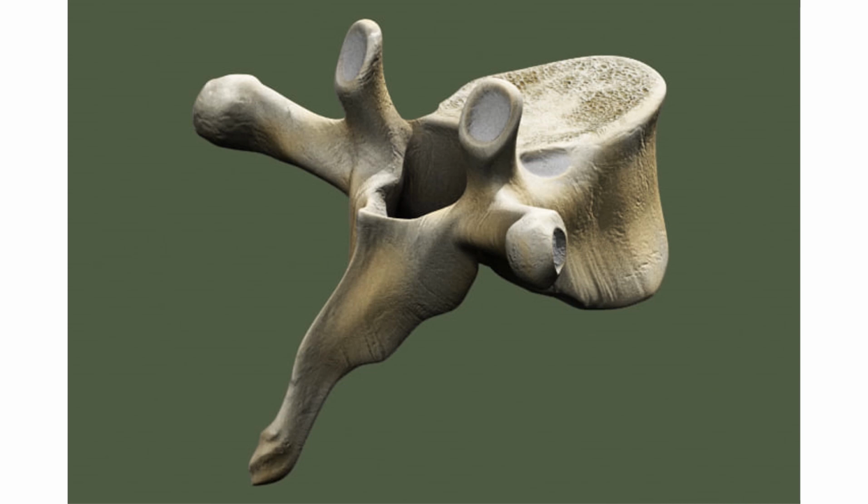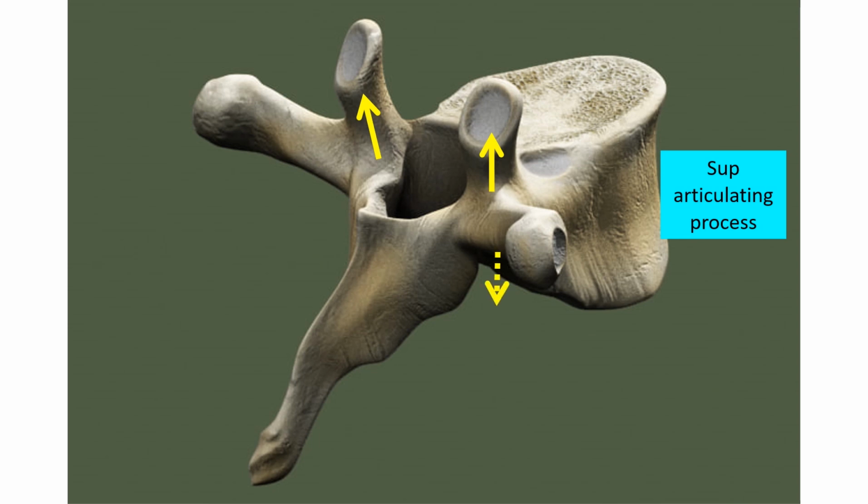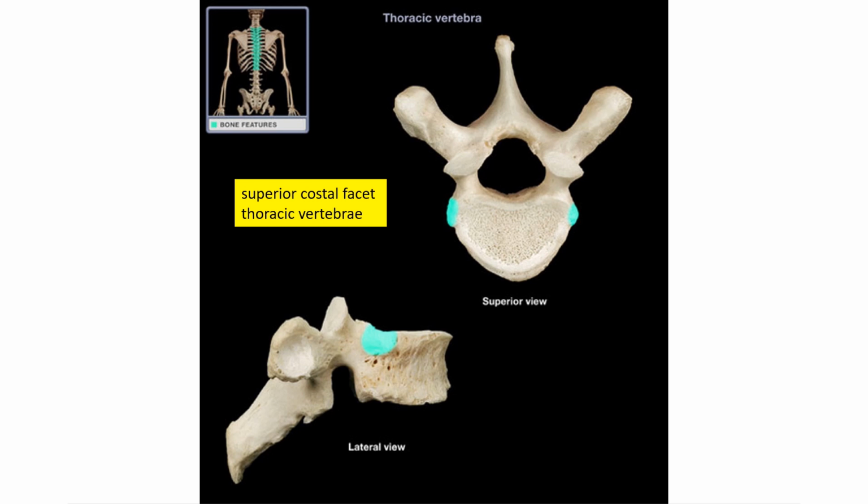This is a typical thoracic vertebra, and this is something you have seen already when we addressed the vertebral column, and you can see that the superior articulating process facet faces posteriorly, and this one as well, and then we have inferior articulating facets. In this image, the blue marked area are facets for articulating with the ribs.